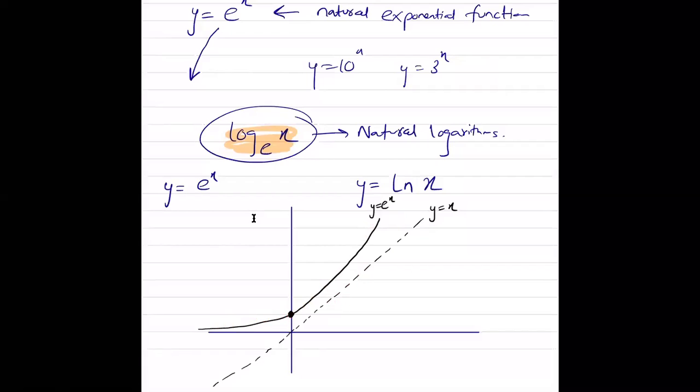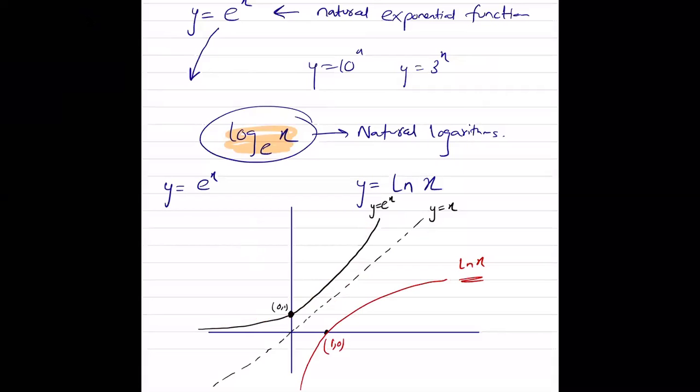So this point, which refers to 0 comma 1, is now going to be 1 comma 0, and you need to draw the shape that looks like the mirror image, something like this. So this is the graph of ln x. Is this story clear? Yes, sir.